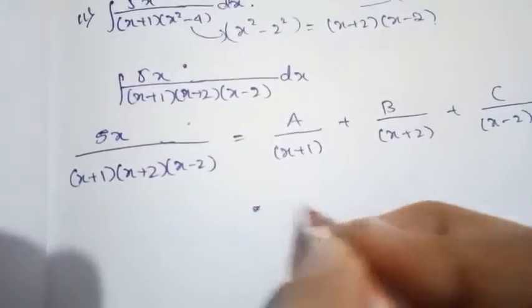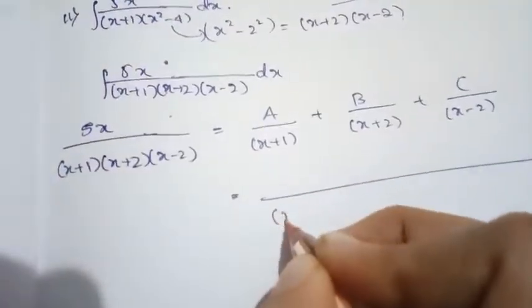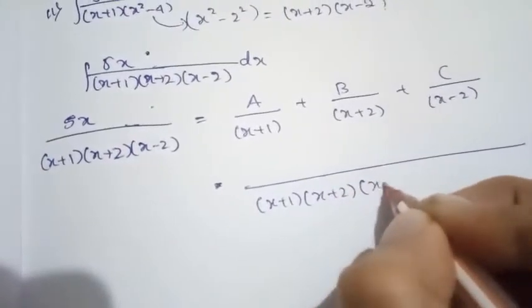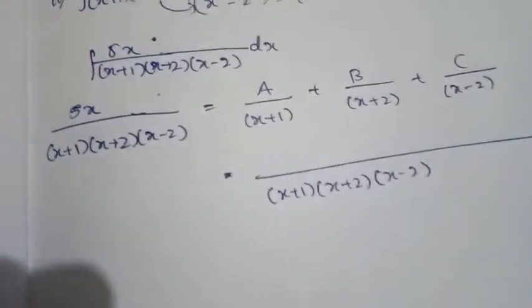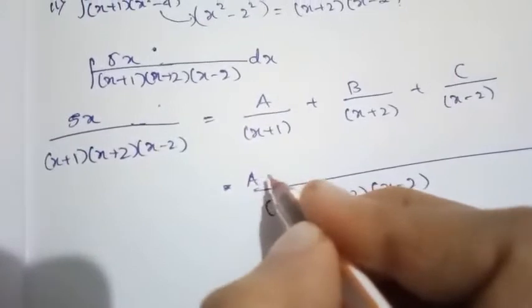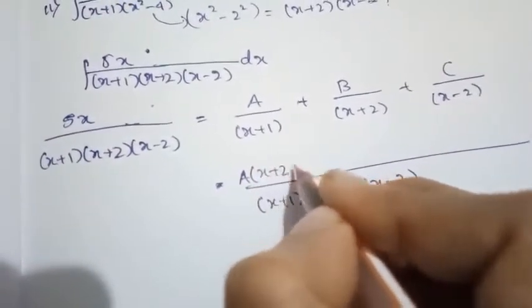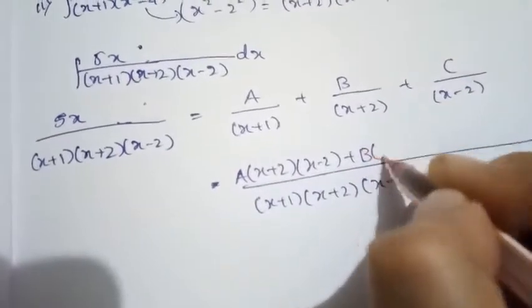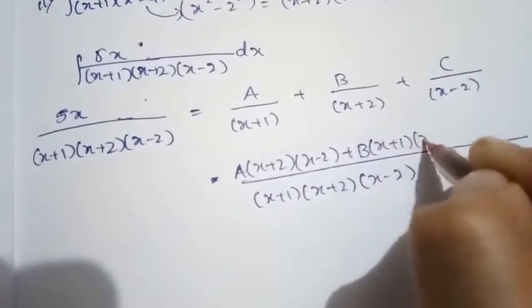After that, we take the LCM. The LCM of this is (x plus 1) into (x plus 2) into (x minus 2). To get this as LCM, for the first term we multiply and divide by (x plus 2) into (x minus 2). For the second term we multiply and divide by (x plus 1) into (x minus 2).